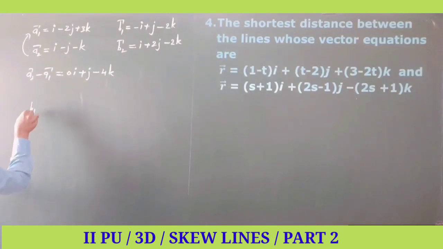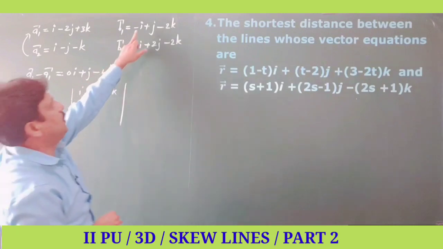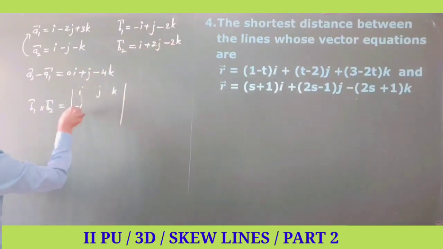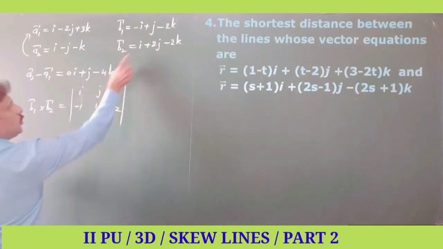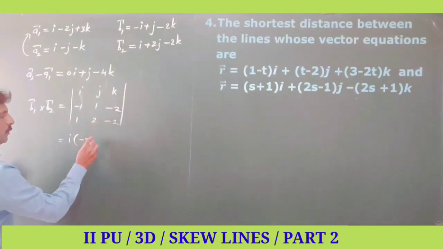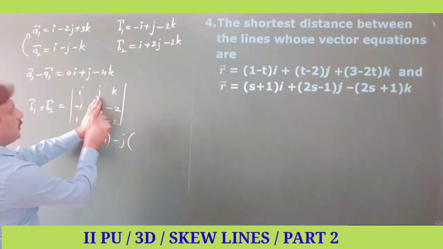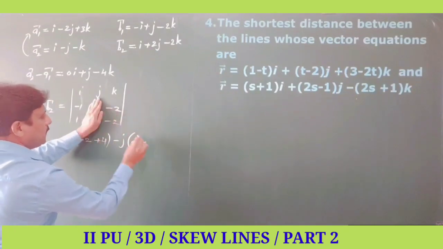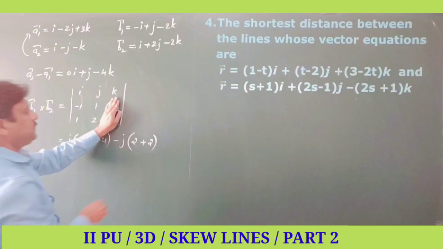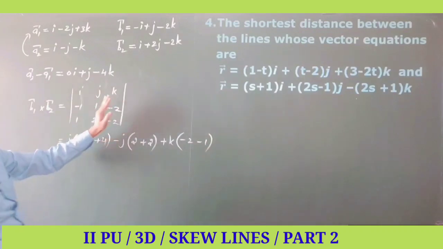Now we have to calculate b1 cross b2. Determinant with i, j, k in the first row, b1 components minus 1, 1, minus 2, and b2 components 1, 2, minus 2. Expansion: i into (minus 2 plus 4), minus j into (2 plus 2), plus k into (minus 2 minus 1).